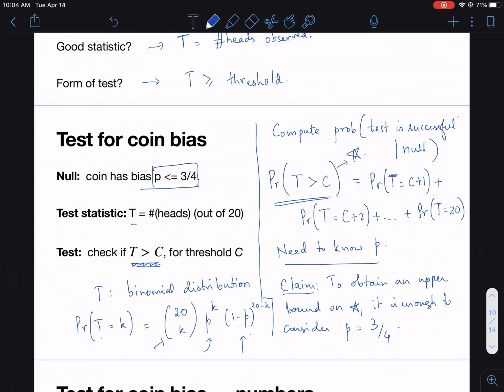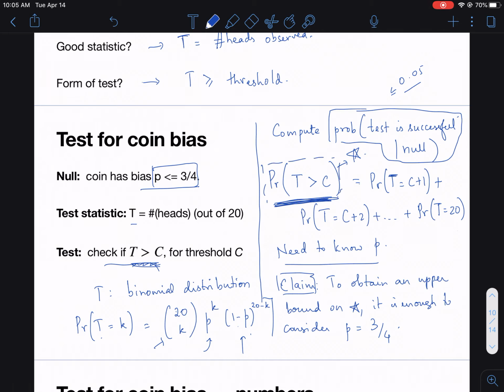What I'm ultimately interested in is bounding the probability of the success of this test under the null hypothesis, right? So I don't need to exactly compute this quantity. It's enough if I say that this quantity is, let's say, less than or equal to 0.05 or something like that. So all I need is an upper bound on the probability of the test being successful given the null. And for that, I need an upper bound on this quantity.